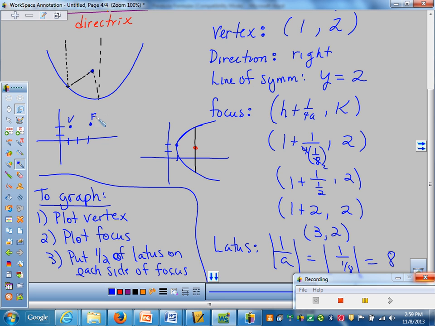That's the focus. Okay? The lattice was 8. So it'd have to be 4 on either side of the focus. That would tell you how wide it is. So you would just have to go up 1, 2, 3, 4, and down 1, 2, 3, 4. Just go 4 on either side, and it's not a super accurate parabola, but you can get the parabola through there by just doing that much. You don't have to go back and do all the other work. So it's a quick way to get a parabola.